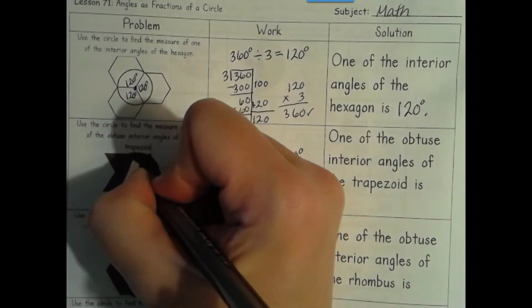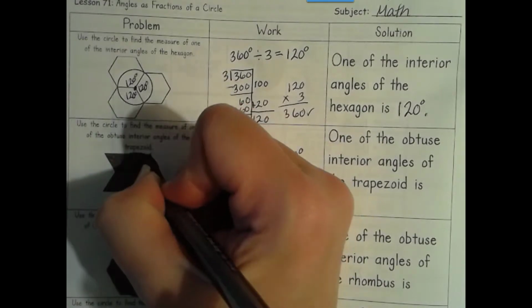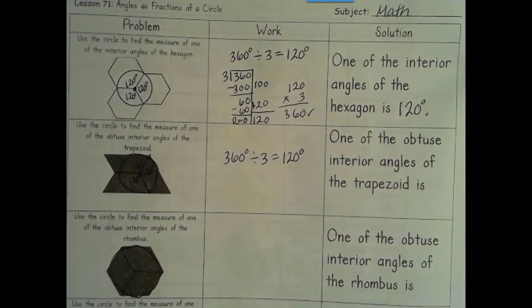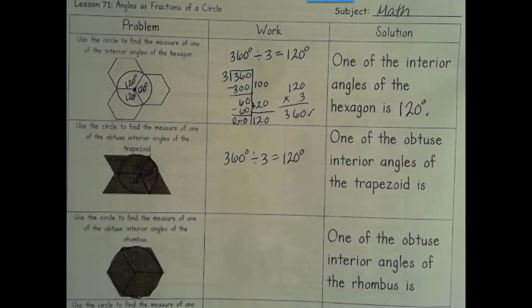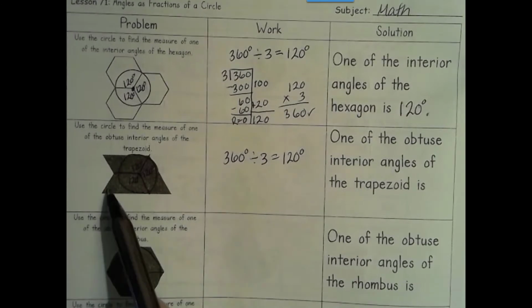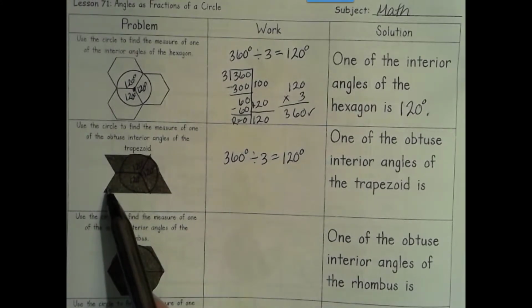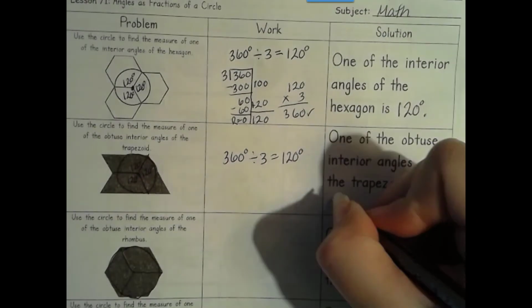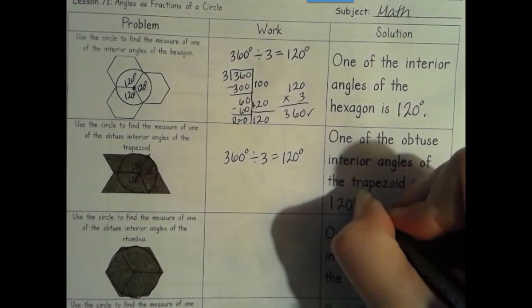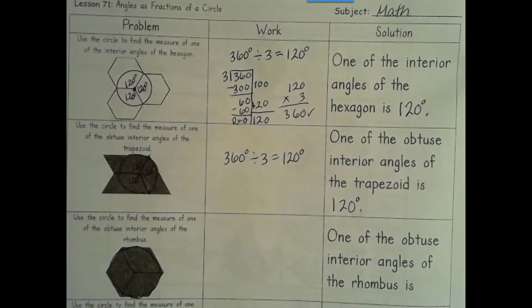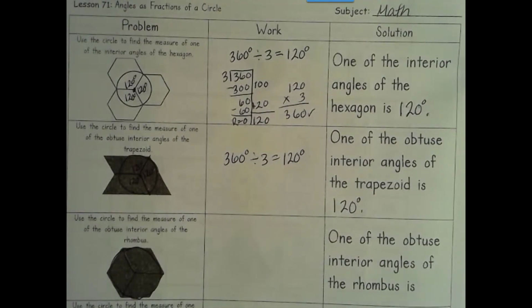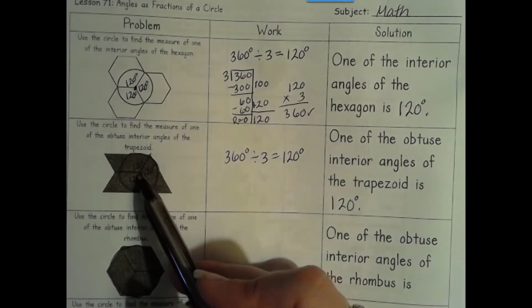So this part of the trapezoid on each of these trapezoids is 120 degrees. So one of the obtuse, because the other angles are acute, it's not going to be the same. One of the obtuse interior angles of the trapezoid is 120 degrees. So comparing it to a circle is how we find those other angles, but they do need to be at that center of the circle.